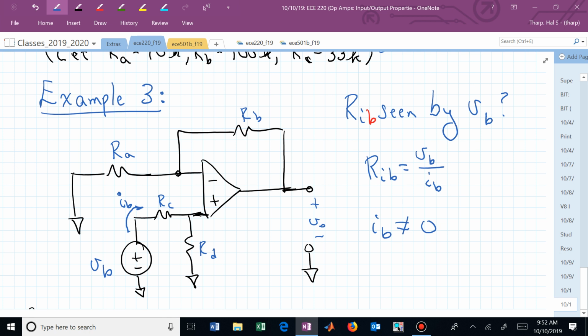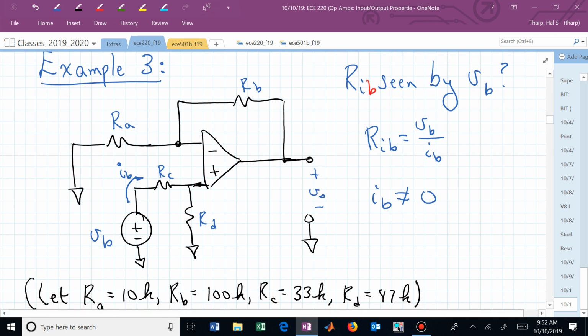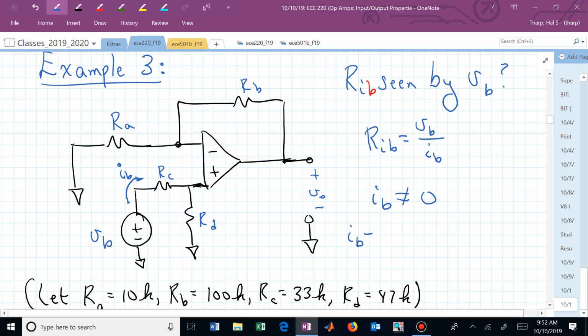What is I sub B then? Can we calculate it? This is a review for the final now, because it's what we did in exam number 1. If I said find I sub B, can you tell what I'm asking you to do? I'm covering it up.